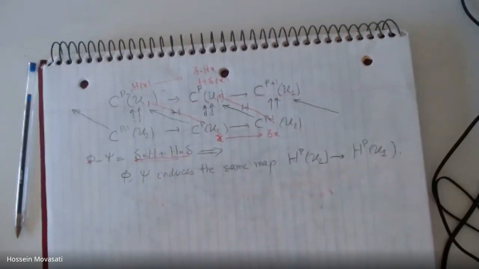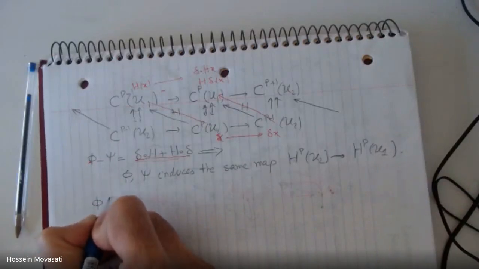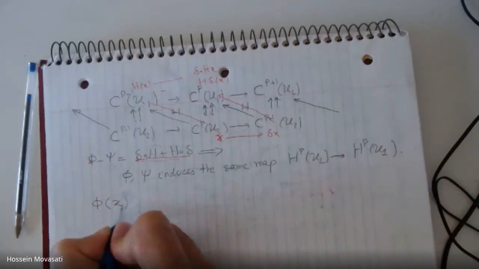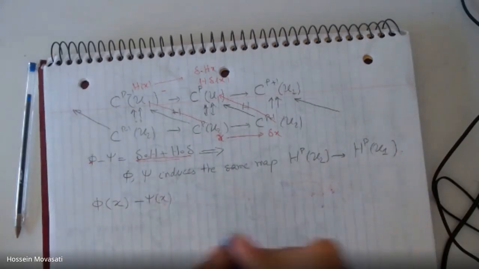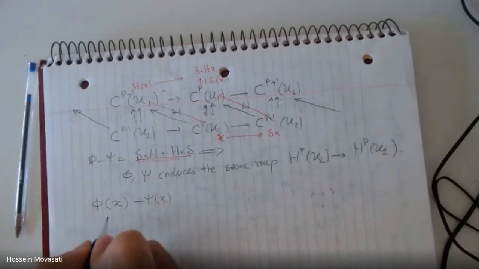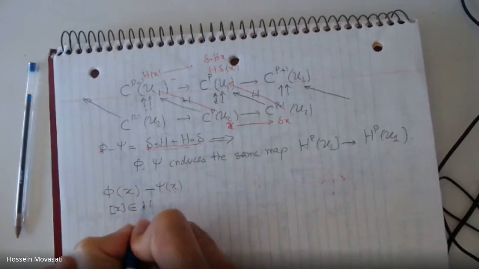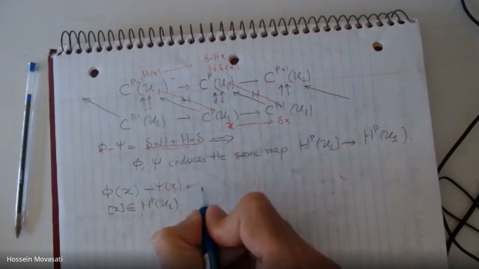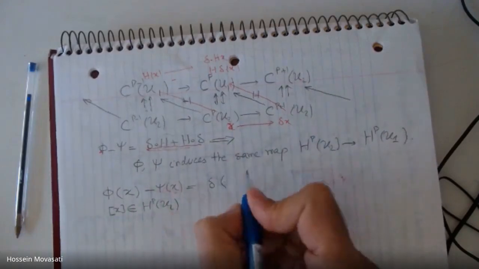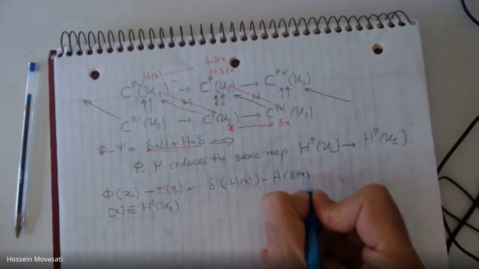And this is again a nice exercise. Let's for example do this. Phi x, let's say minus psi x, I take x in H P U2. So I have to show that in the cohomology they are the same, but I use the equality. It is delta hx plus h delta x.